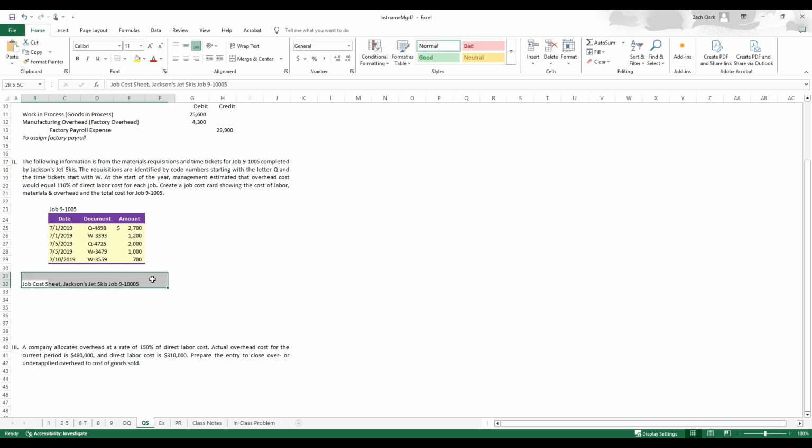And in the book and in some of the problems, you'll see a different job cost card breakout, but really as long as we're getting the information in here correctly, it's not that big of a deal what the actual cost card looks like. The information is what's really important.